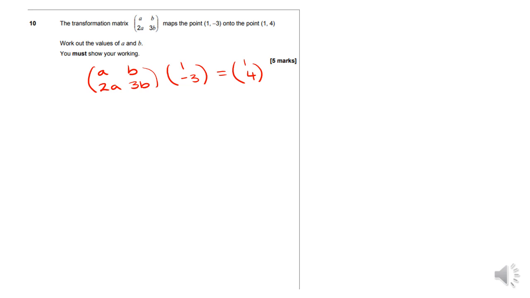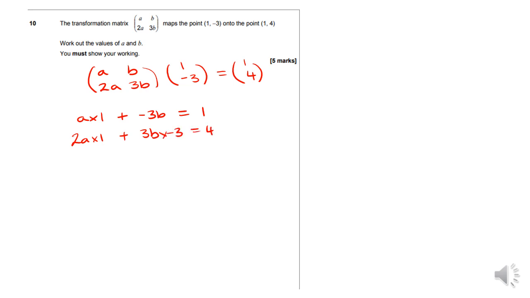So if I multiply that first row, I'm going to do A times 1, and I'm going to add to that -3B, and that ends up mapping to the point 1. And then if I multiply the second row by the column again, I've got 2A times 1, add 3B times -3, and that equals 4.